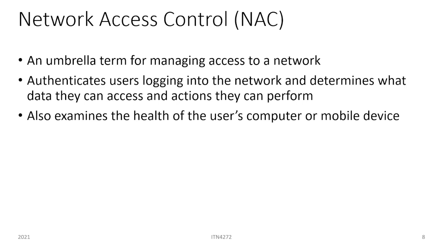So if we summarize, we can see network access control as a common terminology that we will use to cover everything about managing access to the network. So it is about managing who can access our network, when they can access, and all the other aspects we can include with that.